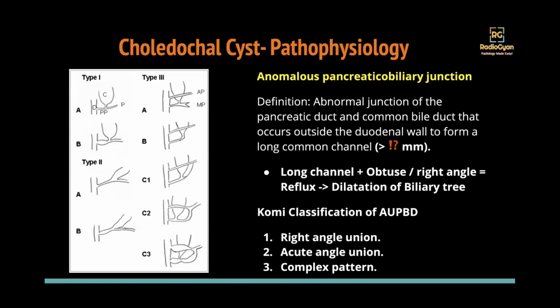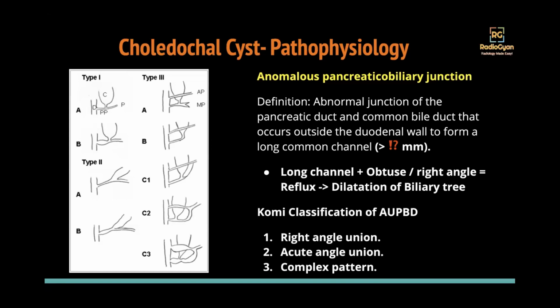Okay, 15 millimeter is the cutoff that is sensitive for a long pancreaticobiliary junction. So remember this value. If the common channel is more than 15 millimeter, it is known as anomalous pancreaticobiliary junction. There's a classification for this junction which is known as Komi's classification.